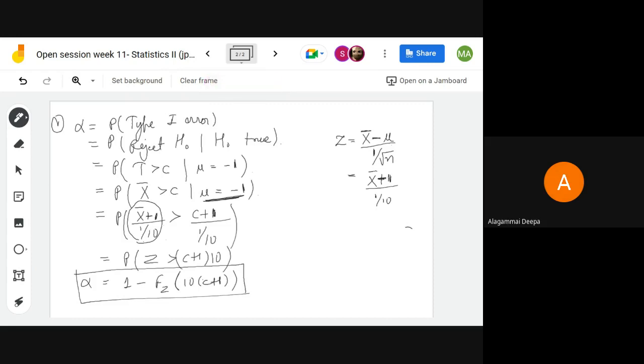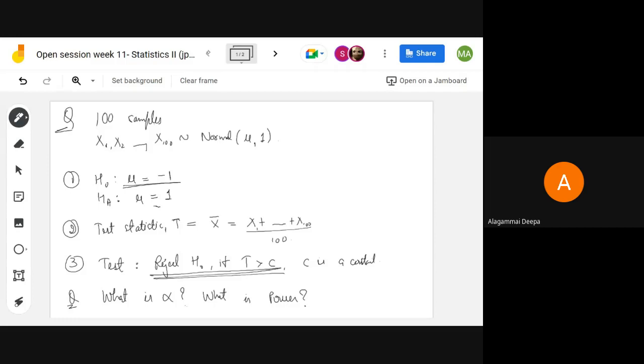Yes, ma'am. Can you please move to page number 1 for a minute? Okay, one second. I'll go to the next page.